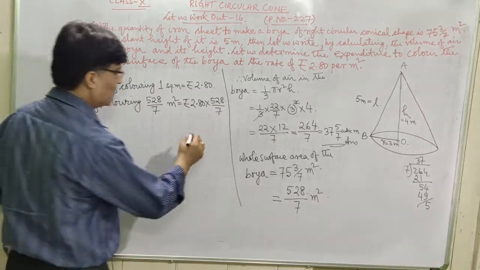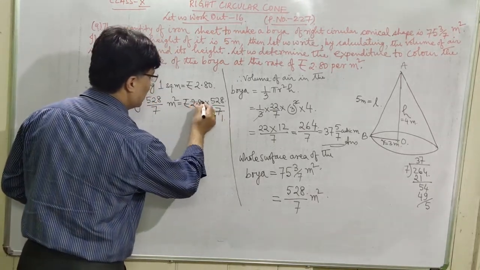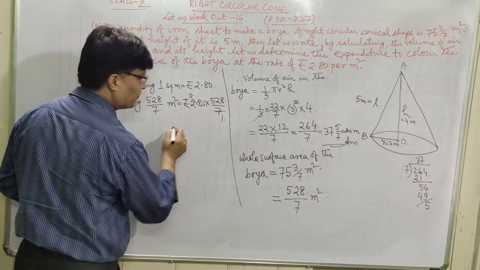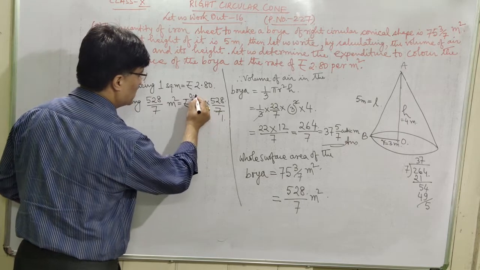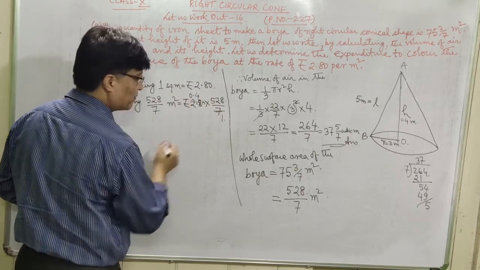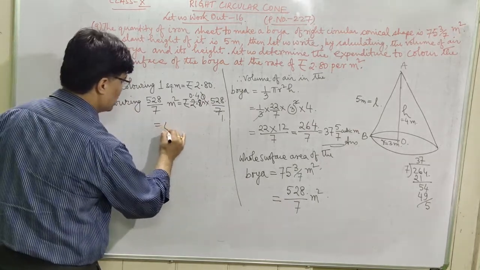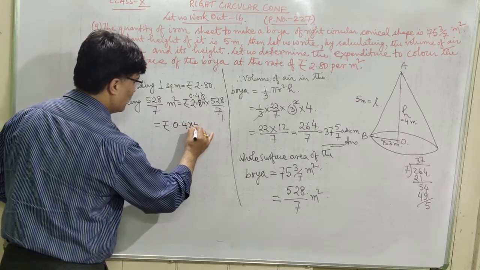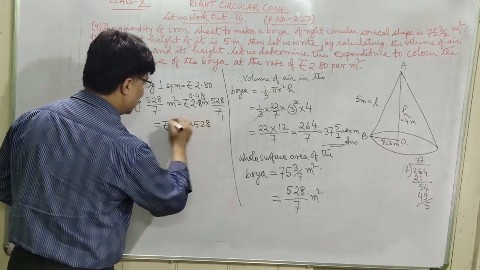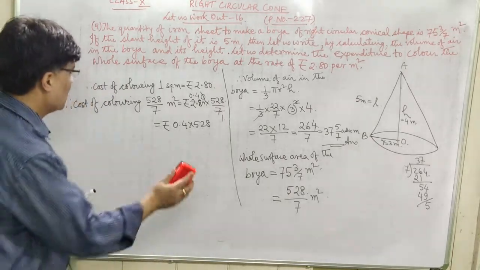So let us simplify it further. You can cancel this 2.80 by 7. 7 ones are 7, 7 4s are 28. And there is 0. This 0 can be cancelled, so which is equal to rupees 0.4 into 528. Or you may add 0 out there.